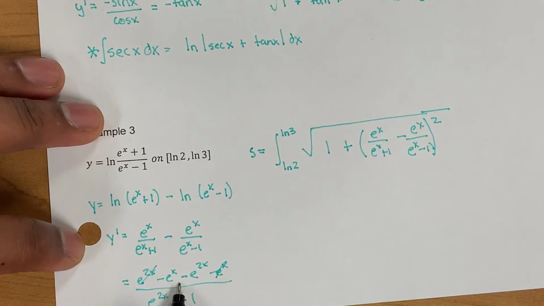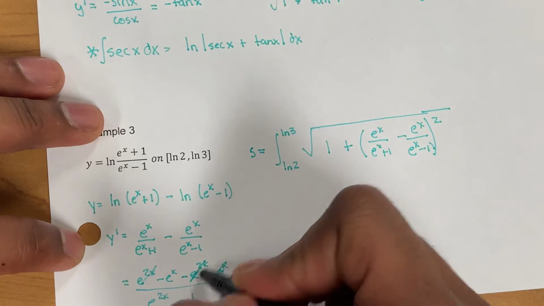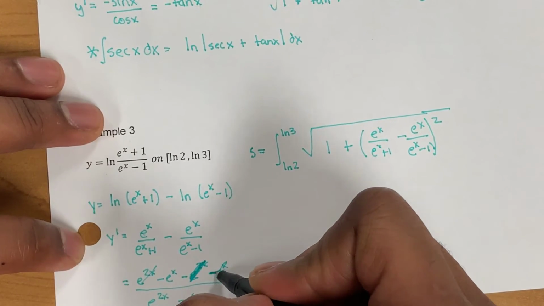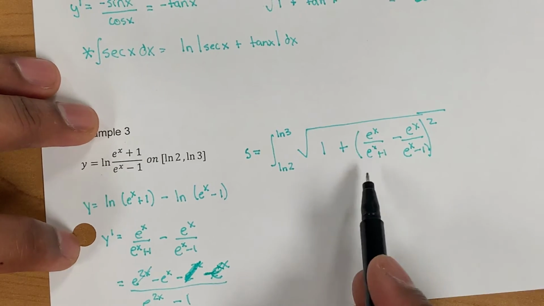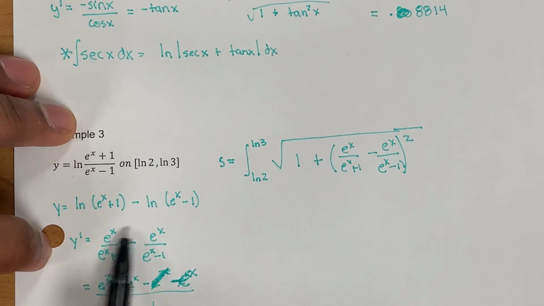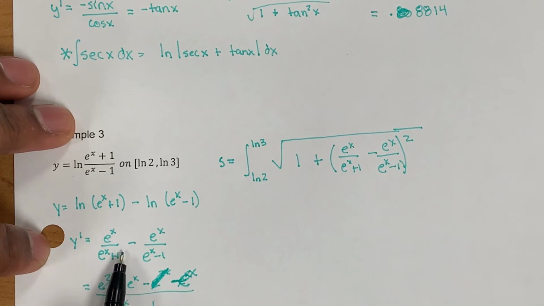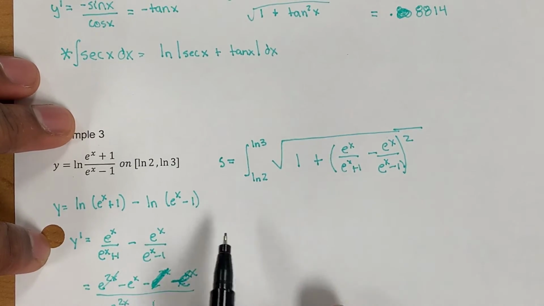This guy is still here, so negative e to the x minus e to the x is negative 2e to the x over e to the 2x minus 1. We could put that here, but again, the calculator does the work, so this doesn't need to be fully simplified, unless I request that we do.